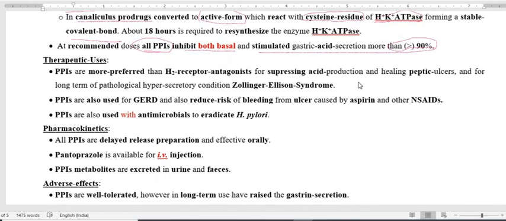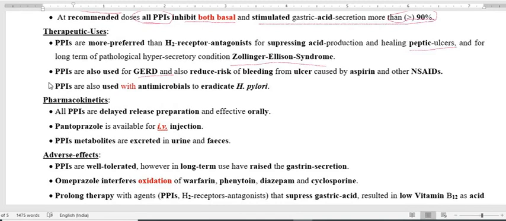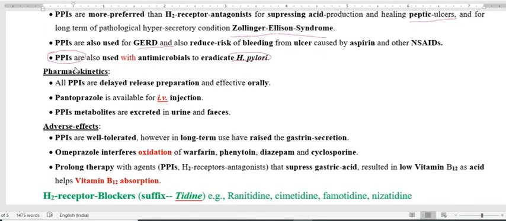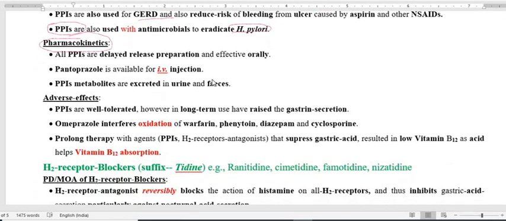The therapeutic uses of the proton pump inhibitor that we already mentioned are in Zollinger-Ellison syndrome, peptic ulcer healing, and GERD. The PPI is also used along with the antimicrobial agents which kill H. pylori, Helicobacter pylori.